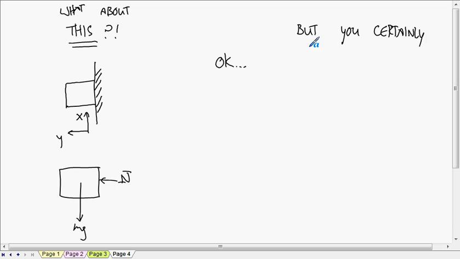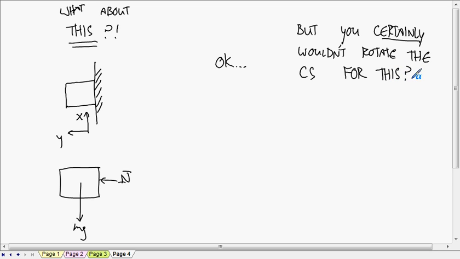But you certainly wouldn't rotate the coordinate system for this. You'd have to be mad. Yes. So the y-axis goes this way. That means the x-axis has to go this way.